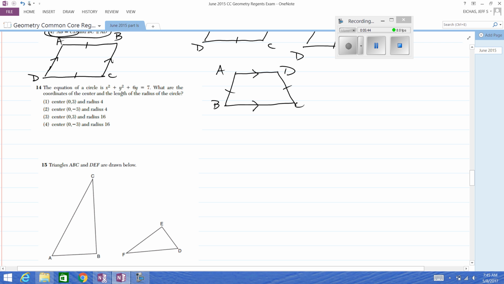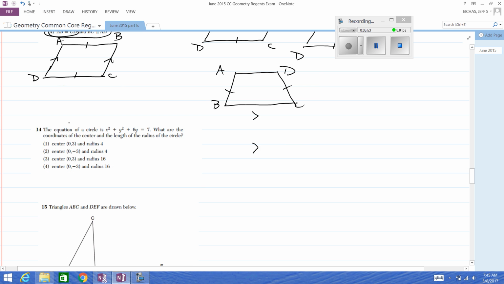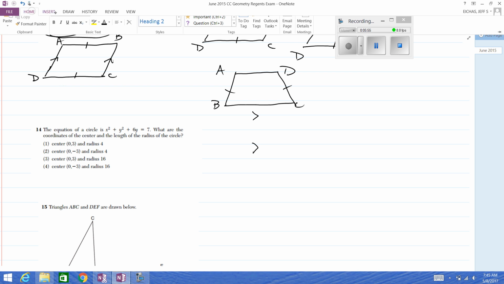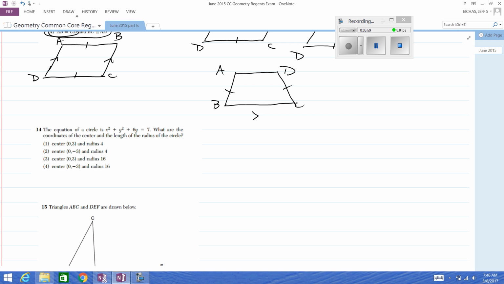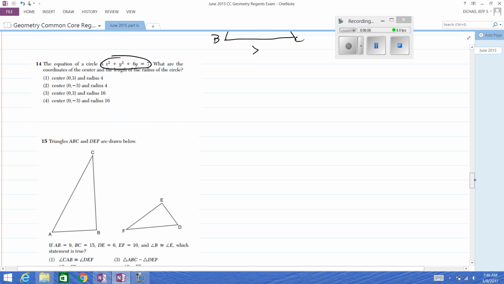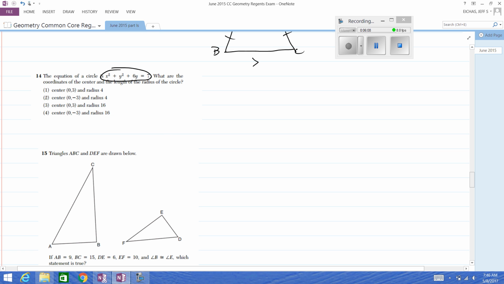Okay, so what we got to do on 14 is we're going to have to get the equation of a circle. Get all set up here. All right. We're going to have to take this equation, and we could do it one of two ways.